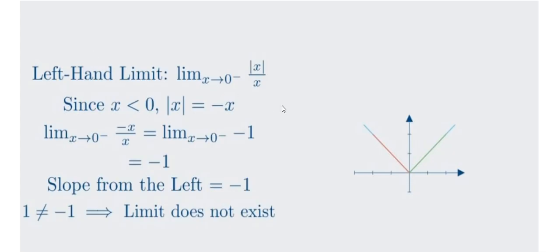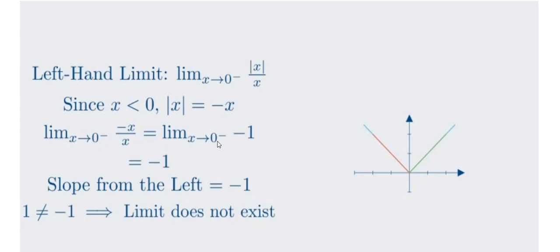But if you come to the left hand limit, as h tends to 0 from the left side, the ratio is f of 0 minus h minus f of 0 divided by h, where h is negative. That becomes minus h divided by h, which is minus 1, because whenever x is less than 0, mod of x is equal to minus x.